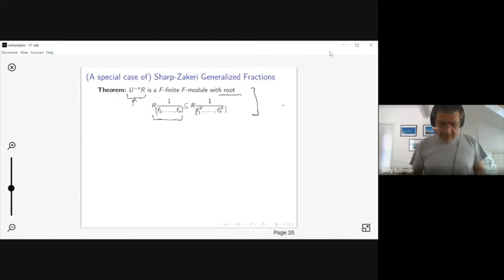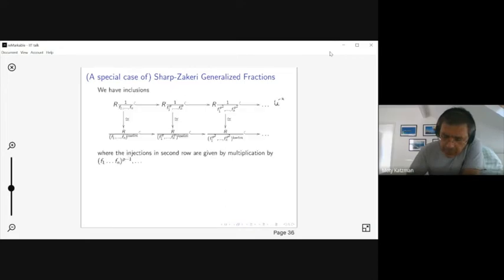Okay, so we look at this, and we say we can compute U to the minus nR, the module of generalized fractions of R, as the direct limit of this first row. We know that each one of these cyclic modules is isomorphic to these quotients here.